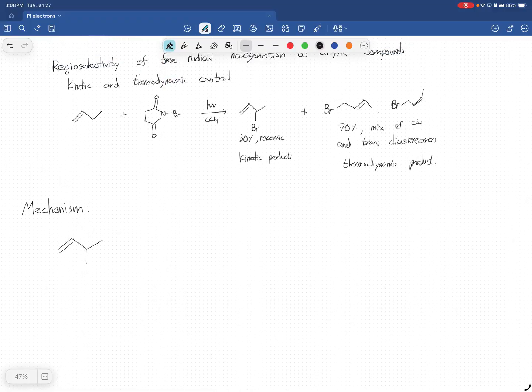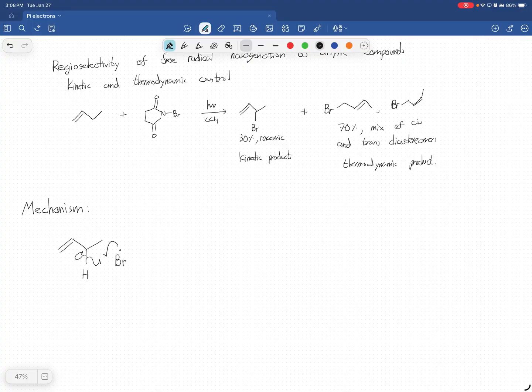So if we look at where the bromine is coming off, the radical probably is forming off this hydrogen. All right, so the bromine radical is going to take a hydrogen. Like so. So this is a radical mechanism.